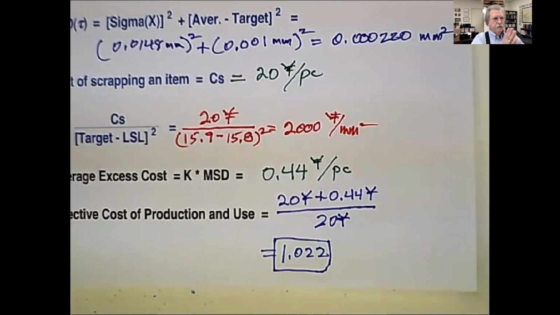We'll talk more about that this afternoon. But it's the excess cost of use. They get to ship everything to the next department. But when you start assembling the parts together into a cigarette lighter, things don't always go smoothly. And so they have a very little bit of excess cost here, 2.2%.